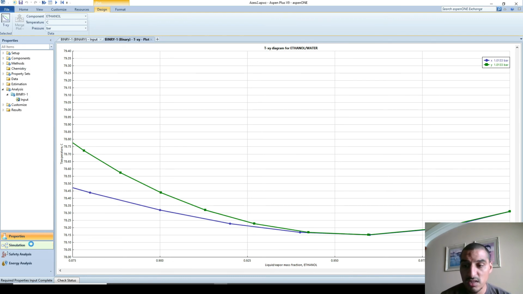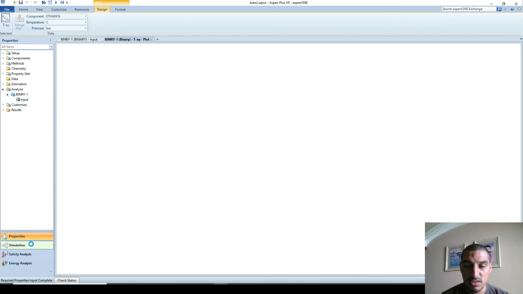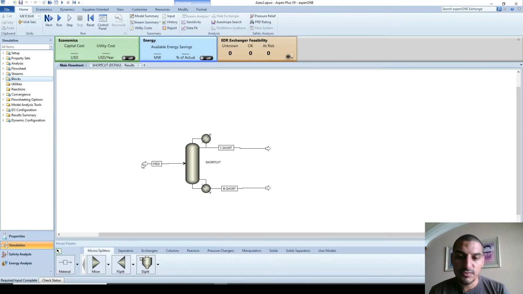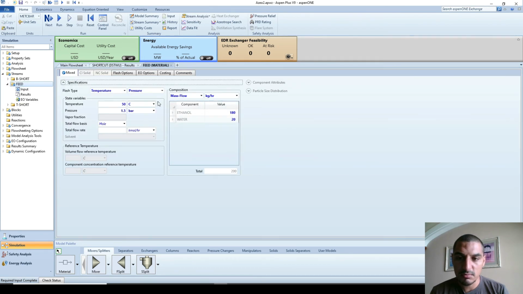The other way is to go to the simulation environment, and here I define the distillation column, and I have the feed to the distillation column at any temperature and pressure, and almost at the azeotropic composition. It's a little before that.